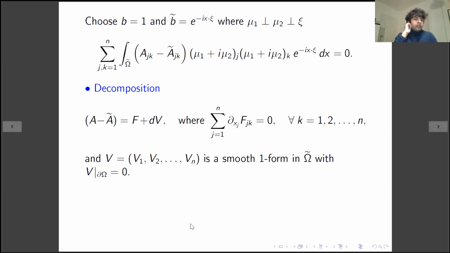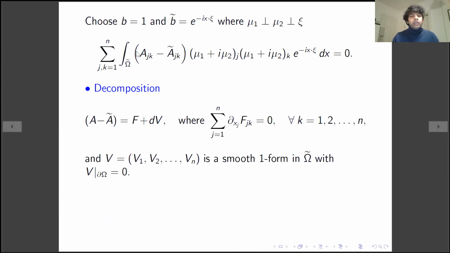We seek B equals 1 and B tilde equals e to the power minus i x dot psi, which is a very trivial thing. This immediately solves not only the square, but also (mu1 plus i mu2 dot grad) B is 0, even at the first order, because we assume this psi is perpendicular to mu1 and mu2 both.